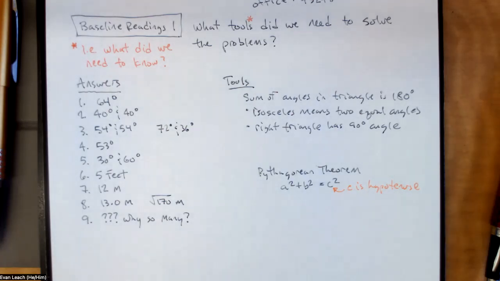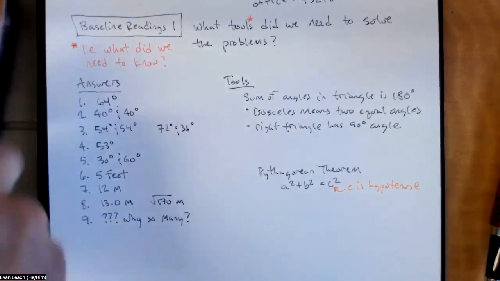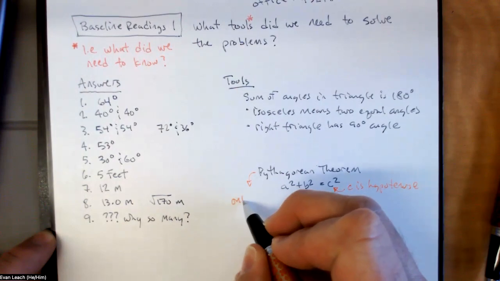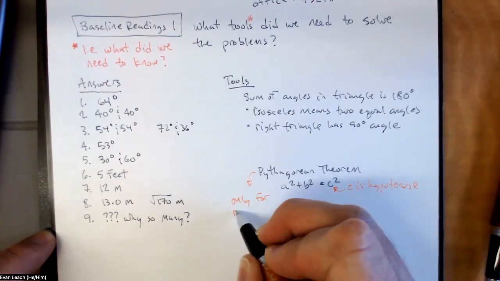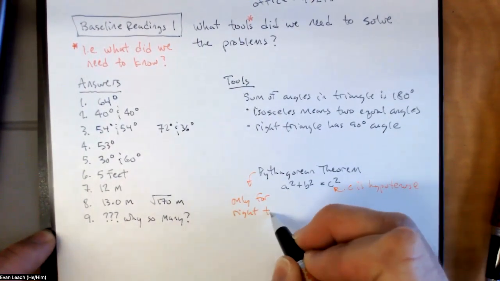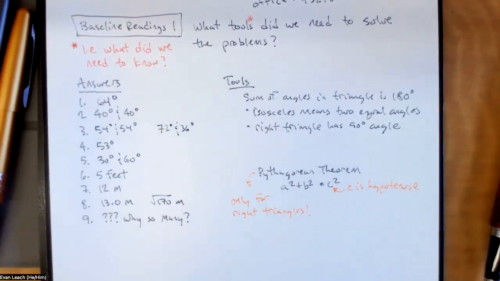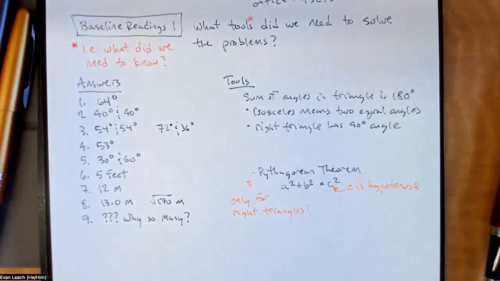Pythagorean theorem specifically works on right triangles. So notice that one of our tools applies to any triangle, and the other tool applies to only right triangles.